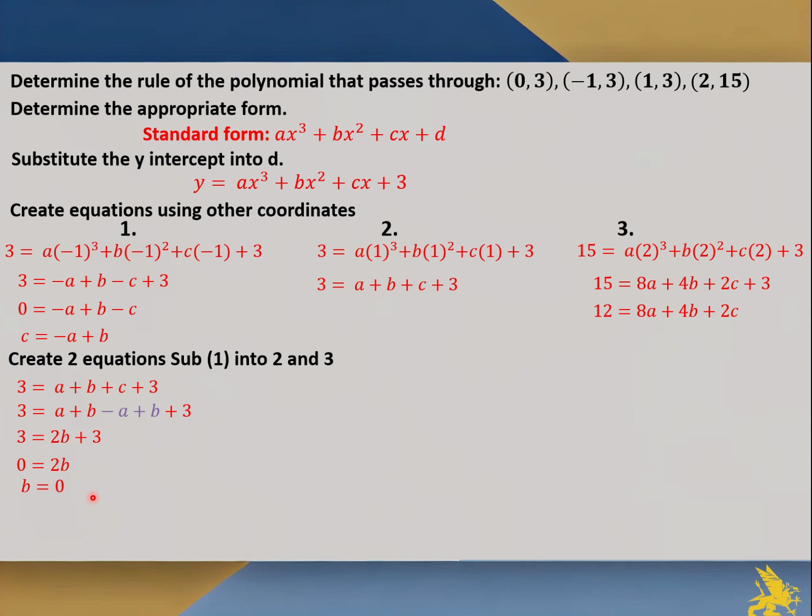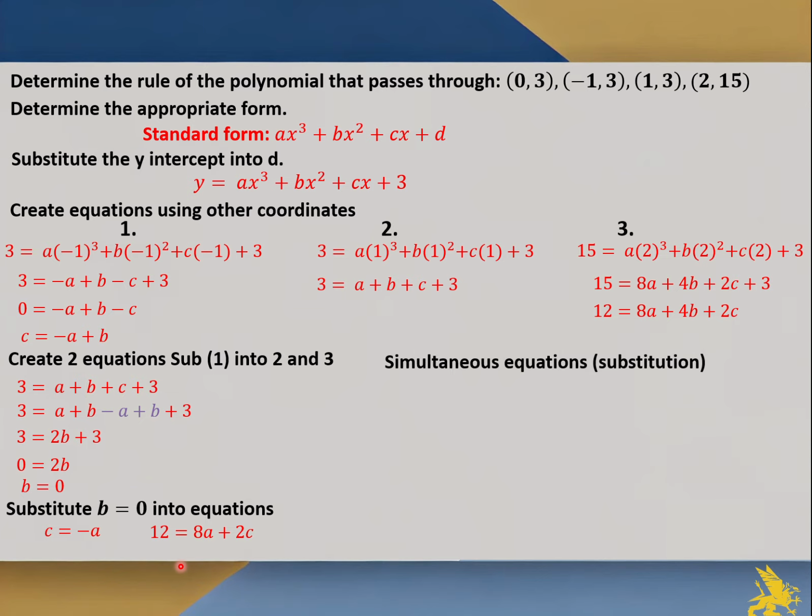What does that mean? It means I've got nothing for bx^2. So I'm just going to substitute b = 0 into the equations. I get c is equal to negative a, and I also get 12 = 8a + 2c.